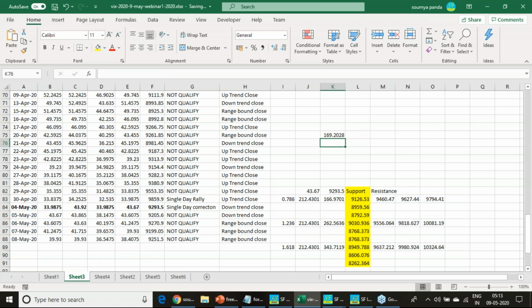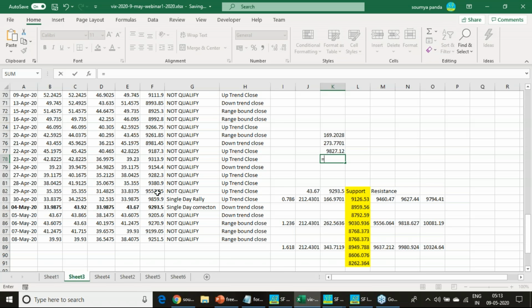So that gives 169 points of price range based on this VIX on 29th April. Here I multiply this with 1.618, which is my Fibonacci ratio. If the price closes above this 273, which I add to the 29th April closing price, that is 9827, I will say it is a single day rally.